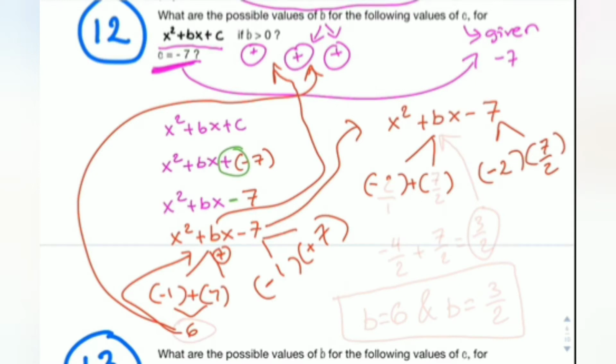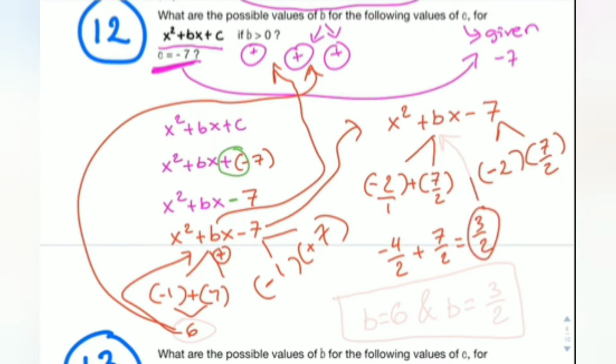So now let's add them. We always know that any number is over 1, so in order to add them, we need to find the same denominator. So this turns out to be -4 over 2 plus 7 over 2, which equals 3 over 2.